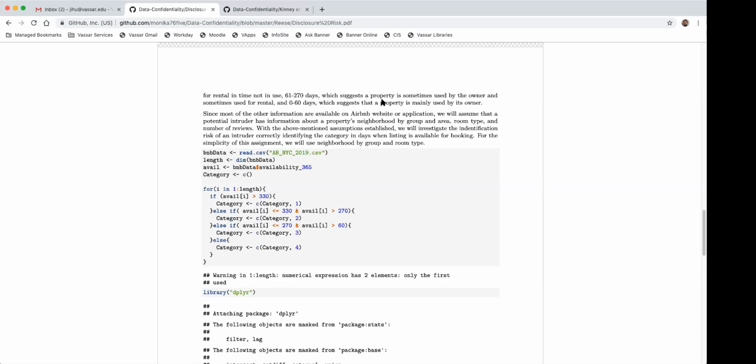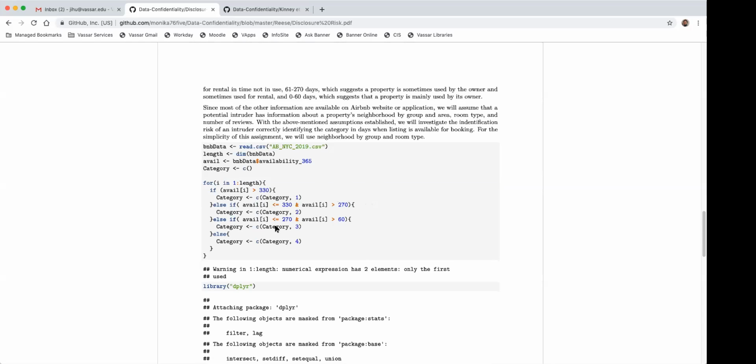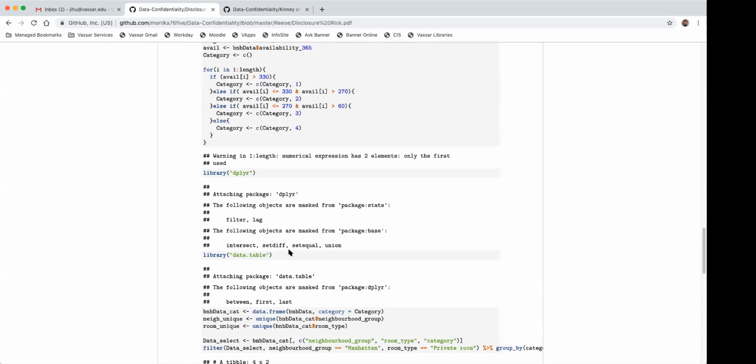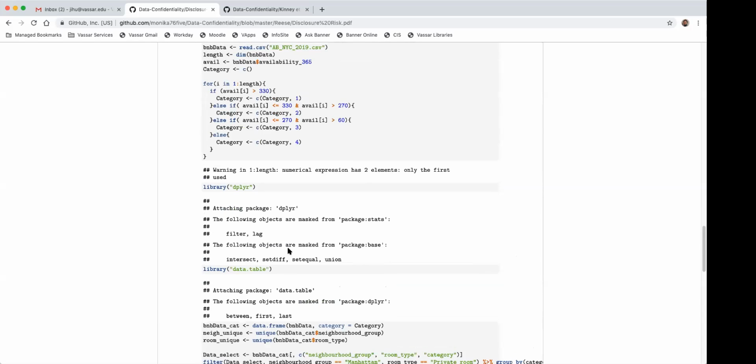Okay. Good. All right. So I just broke it down into 4 categories. Take your time. There are other variables in the data set that I think are available to intruders.